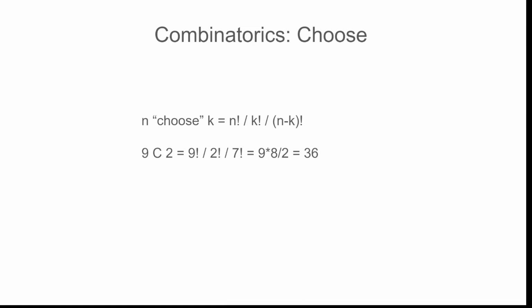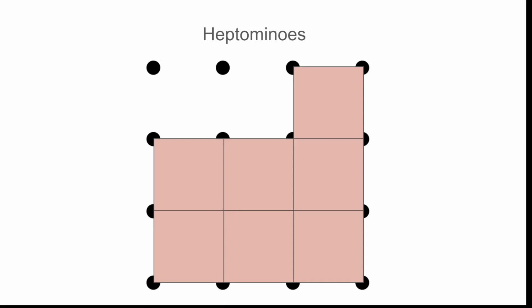Now, another nice thing, which better be true, is that it's kind of symmetric. And what I mean by symmetric in this case is that if I want to take 9 and choose 2 of them, I can do that in exactly as many ways as I can take 9 and choose 7 of them. Now, this is not true if I'm ordering those things, but if I'm just choosing them, it's the same.